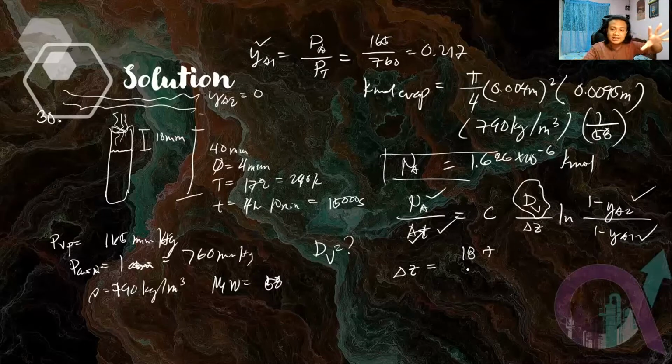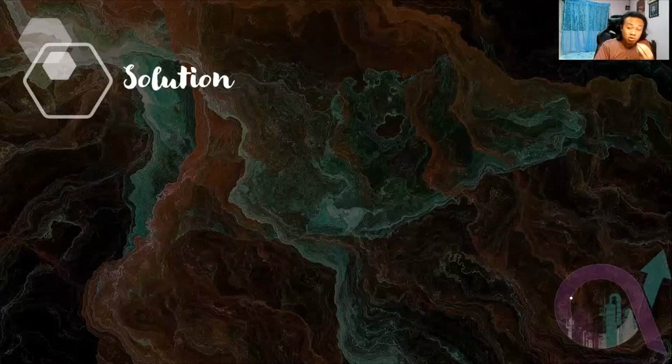So just add 18 and 9.5, you have 27.5. Then get the average, because we have to get the average because the length is varying. So we have to get the average of that. Then we have 2.5 millimeters.